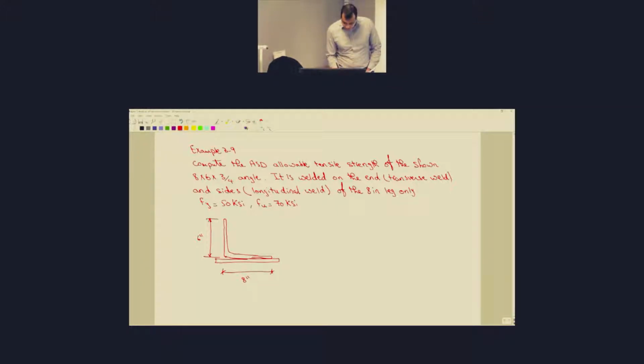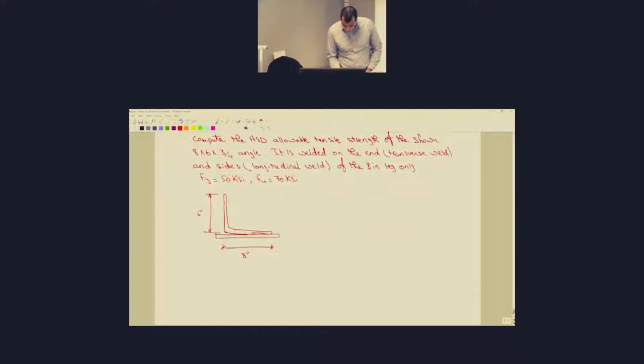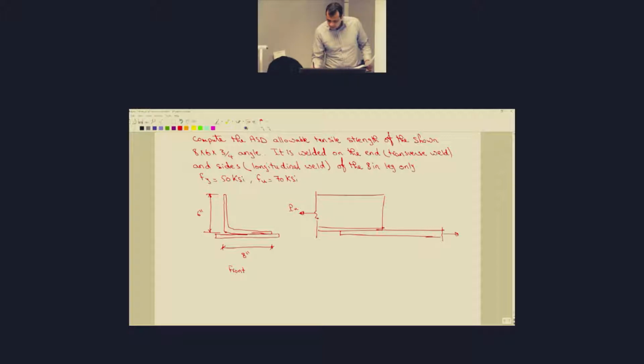So if this is a front view, the side view first: you have this angle, and then you have the plate here, and there is a tensile force applied. There is a tensile force that gets transferred from the angle to the plate. And this 8-inch leg is connected.